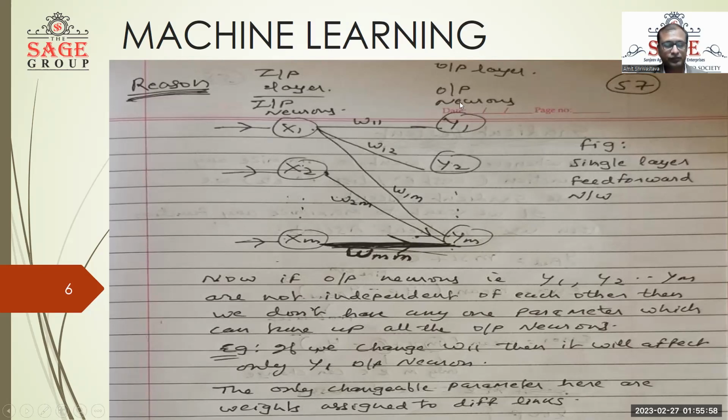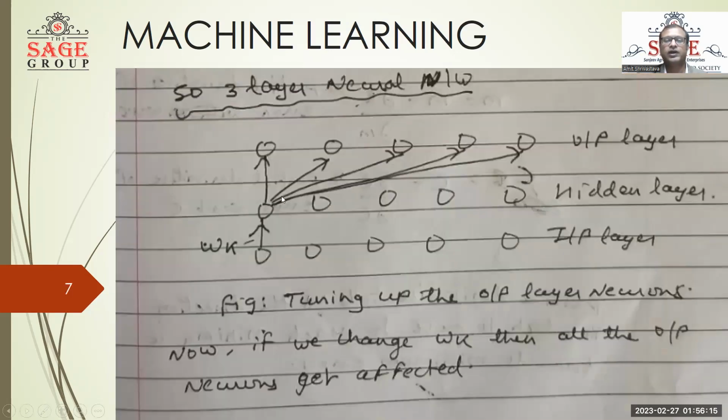Now, in case of a two-layer neural network, what happens? These outputs are not dependent on each other. So when these are not dependent on each other, then we can solve these using the two-layer neural network. But in case of the non-linear problems, or the problems which are not linearly separable, let us say this is my input layer, this is my hidden layer, and this is my output layer.